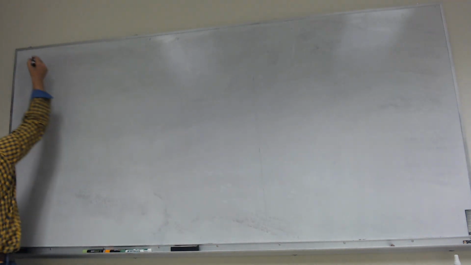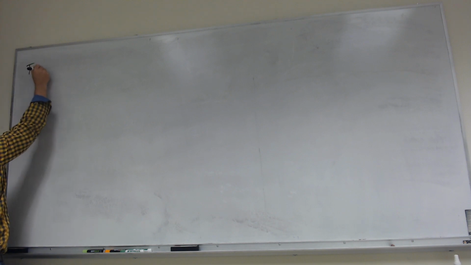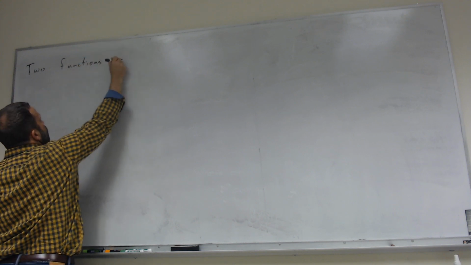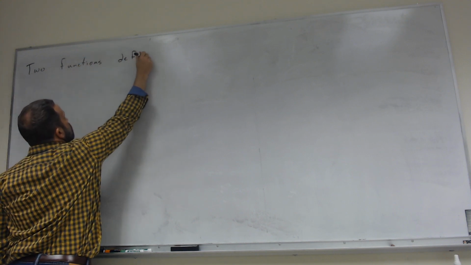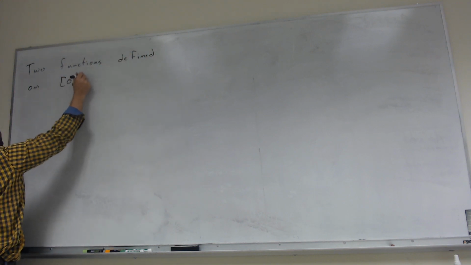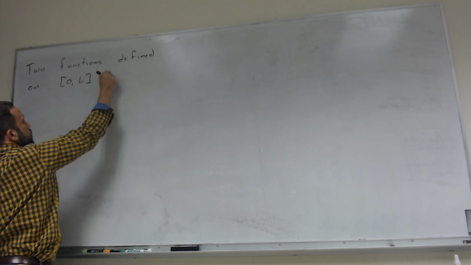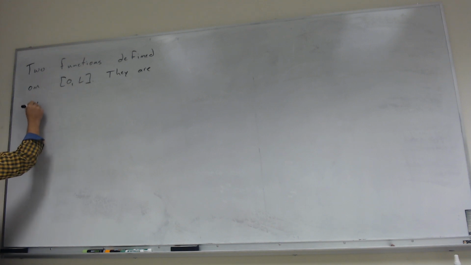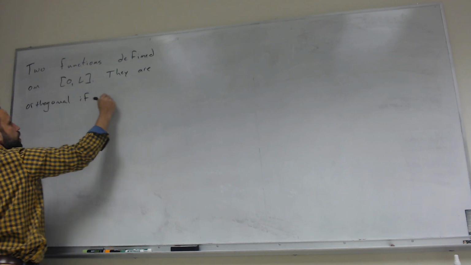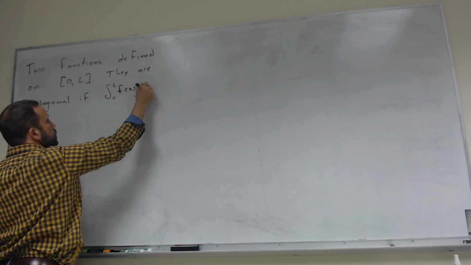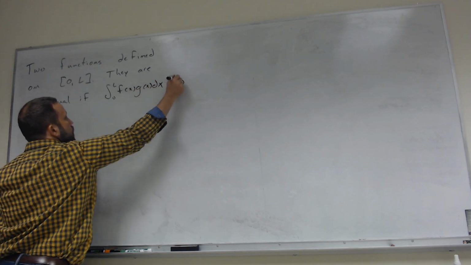So let's say we have two functions f and g defined on the interval 0 to L. They are orthogonal if their integral from 0 to L of f of x g of x dx equals 0.